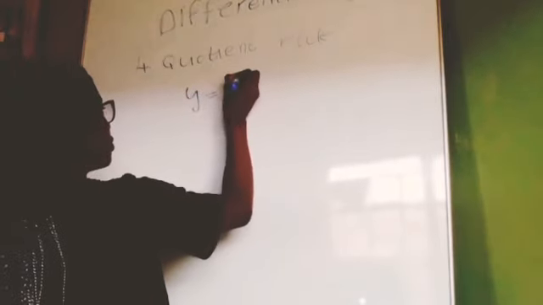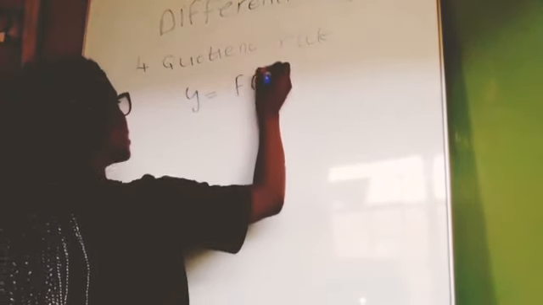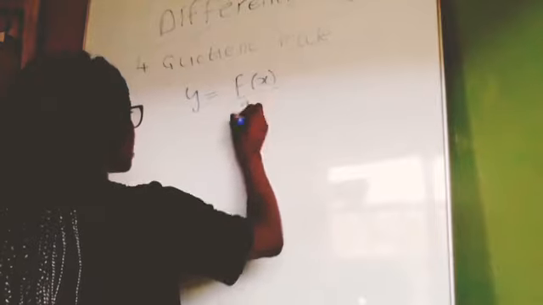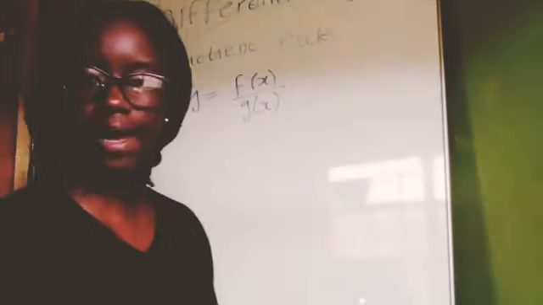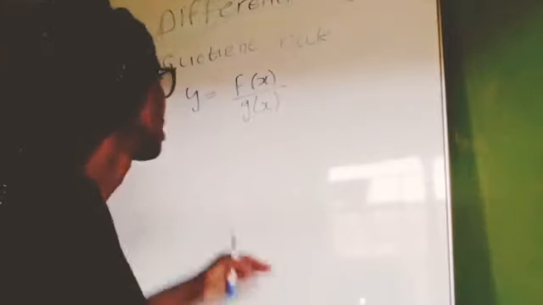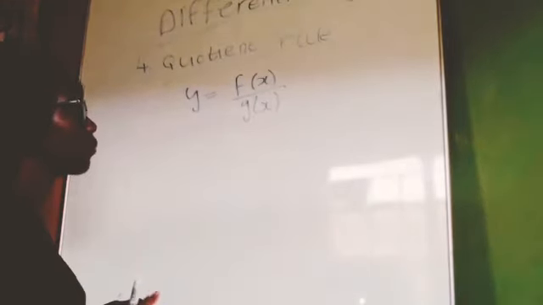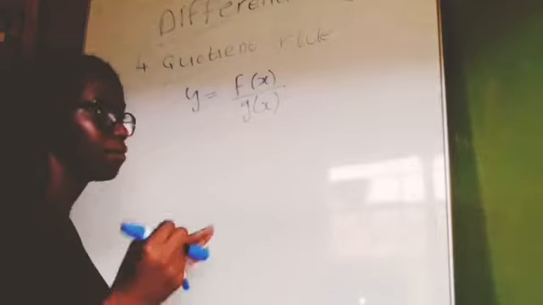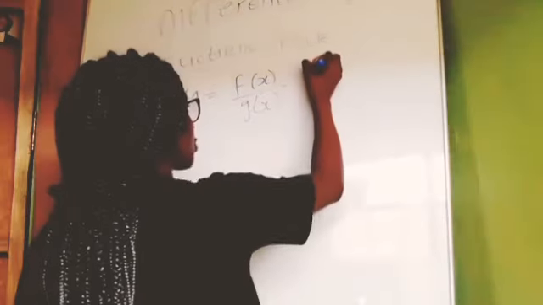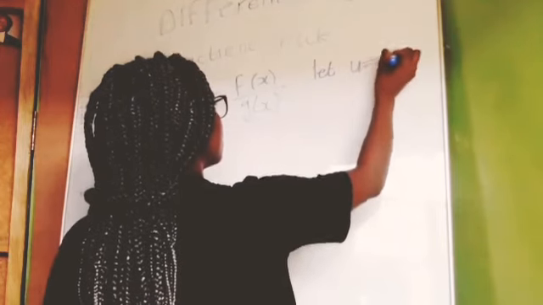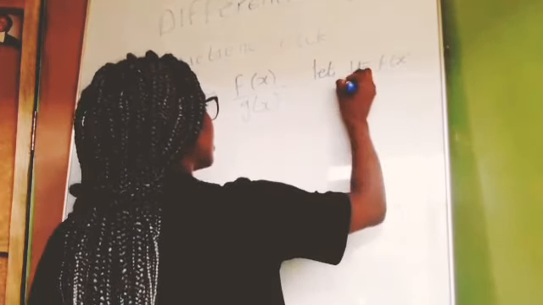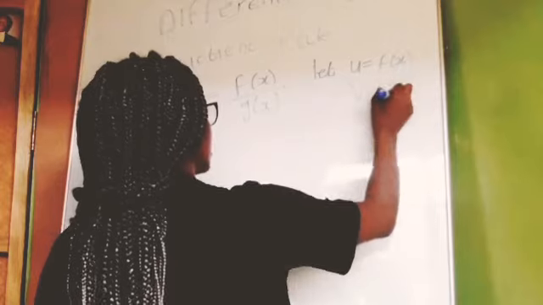So with the quotient rule, you might have an equation such as y is equal to f of x over g of x. So you basically have two different functions that are being divided. So in such a scenario, again, you can use the same method where you say let u be equal to f of x and v be equal to g of x.